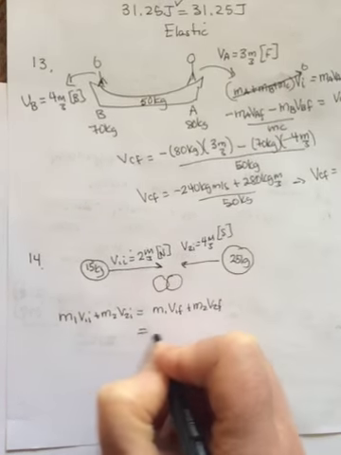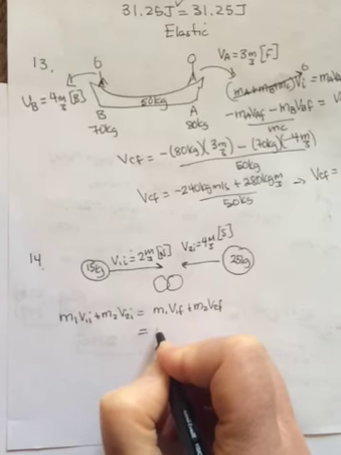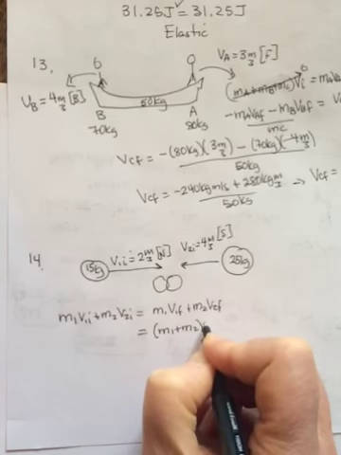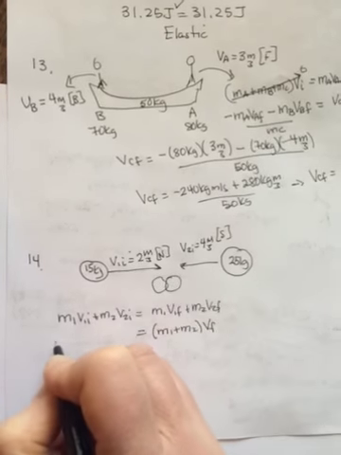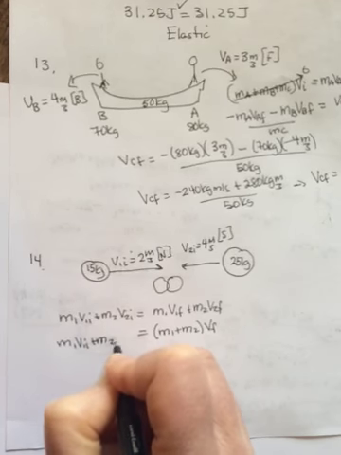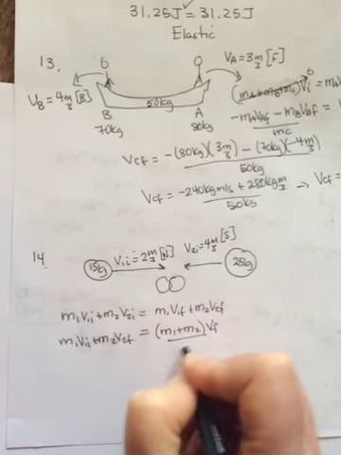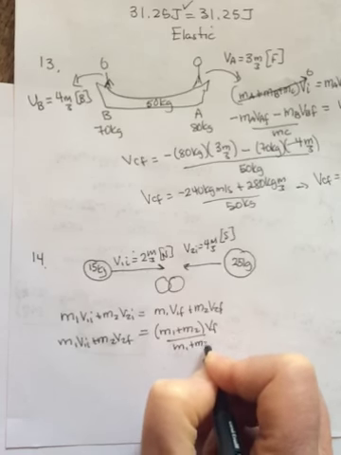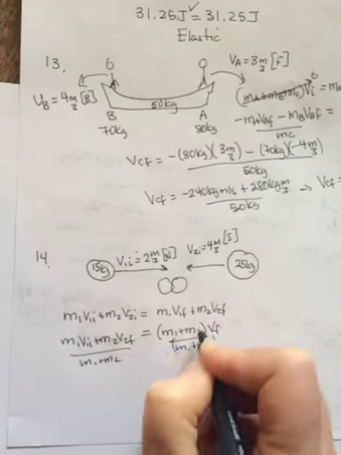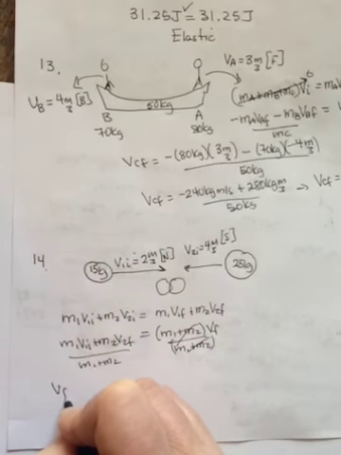And again, they join together, so their v finals are going to be the same, so factor that out. So it's m1 plus m2 times v final. This side doesn't change. And now you're going to solve for v final by dividing by m1 plus m2 on each side. Okay, so this cancels.